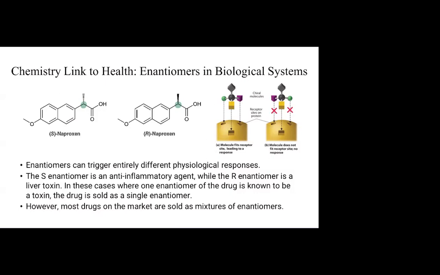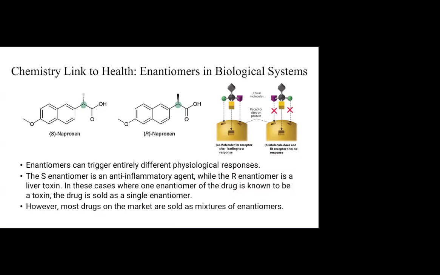This is why clinical trials and laboratory work are so extensive when medicine is put out there. It takes years for these things to be available in the market because they need to understand, when a drug is synthesized and there are two enantiomers, what the real effects on the body are. And as you can see, the R configuration of naproxen causes toxicity in the liver.